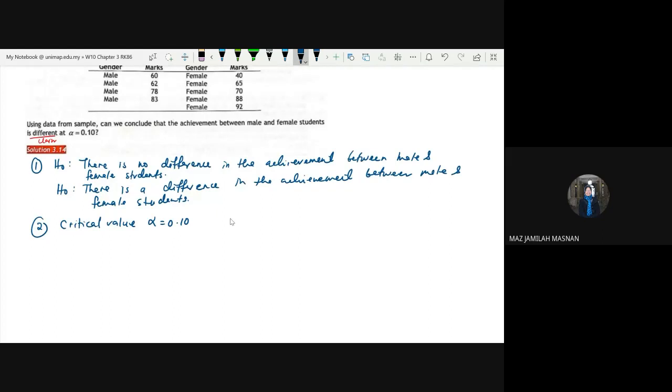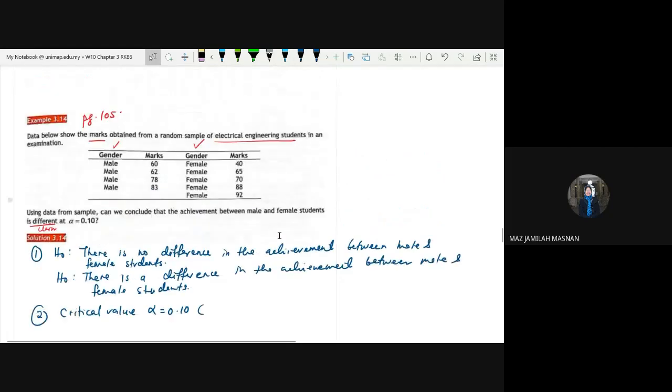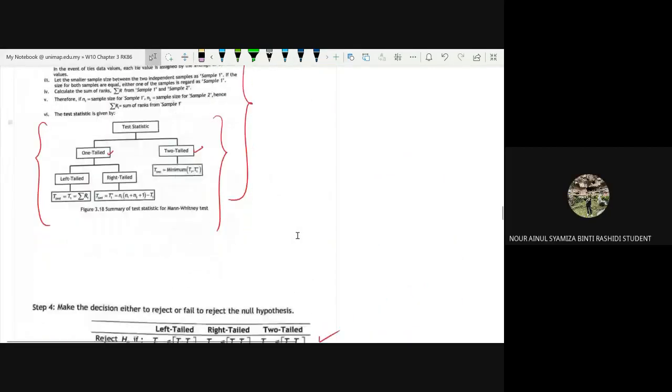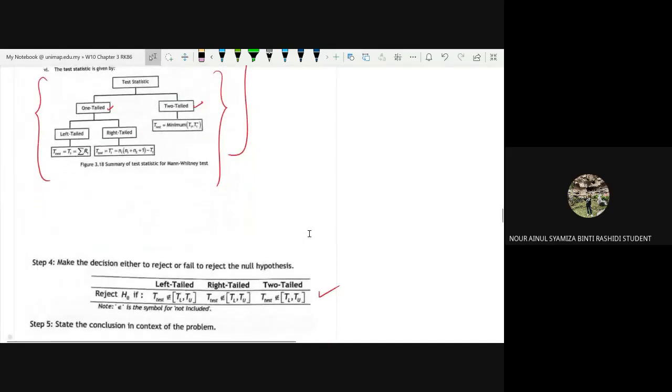And is this a two-tail test or one-tail test, class? Two-tail.